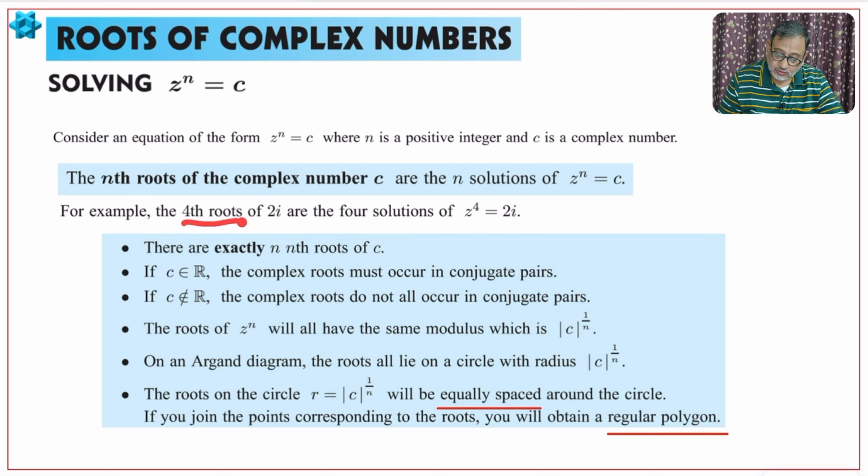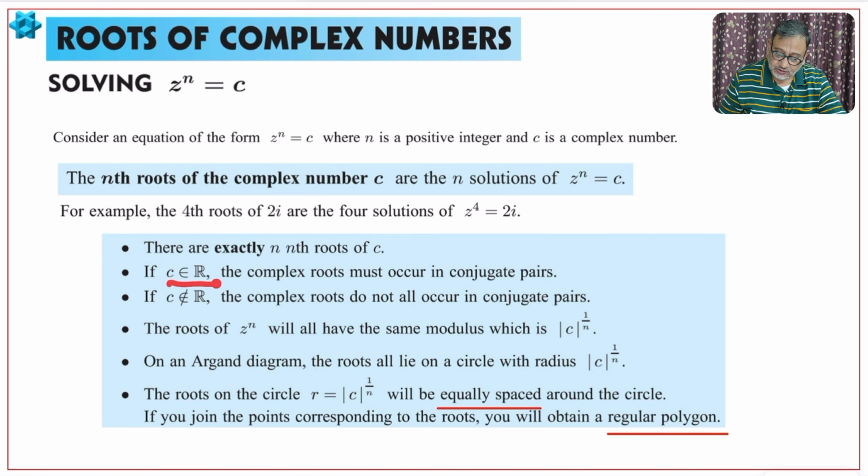So if we have to find the fourth root of 2i, then we need the 4 solutions of z to the power 4 is equal to 2i. There are exactly n nth roots of c. Whether it is the third root, fourth root or fifth root, 3, 4 or 5 roots will be there.